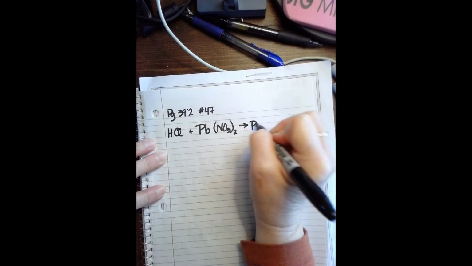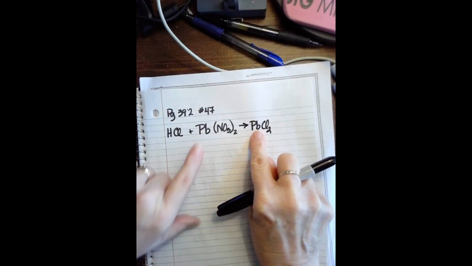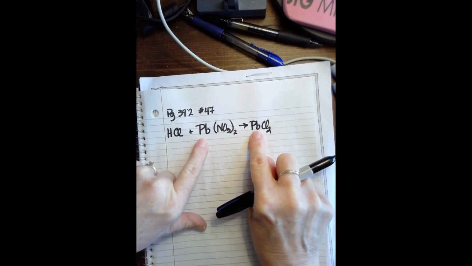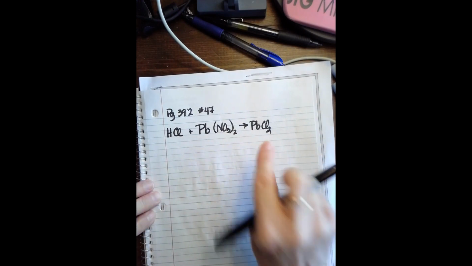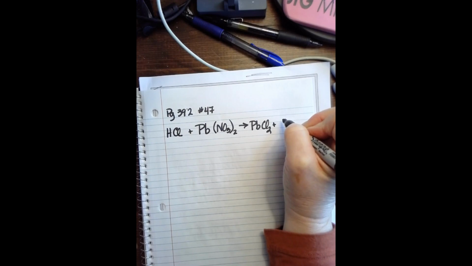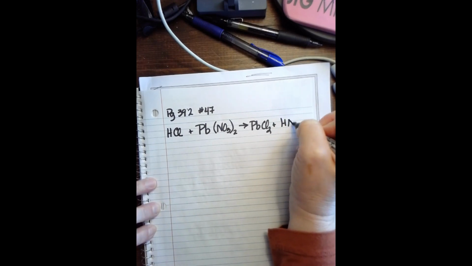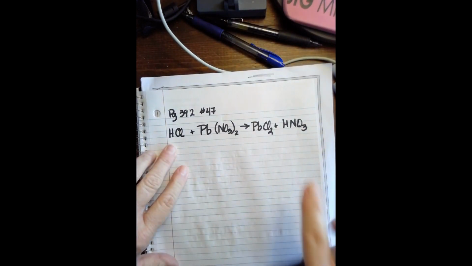Then this is going to make PbCl2, lead chloride. Again, the lead here has to be 2 plus, because it would not change its identity. And then nitric acid: acids have hydrogen in the front, so that's HNO3. Then we need to balance this.